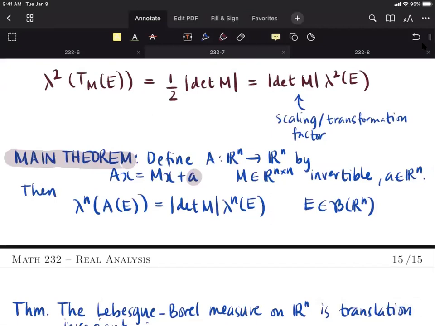An affine transformation is basically a composition of a linear transformation and a translation. So here a has no effect, since we already know that the Lebesgue-Borel measure is translation invariant. So for the proof of the main theorem, it is now enough to consider the case where a is equal to 0 due to translation invariance.